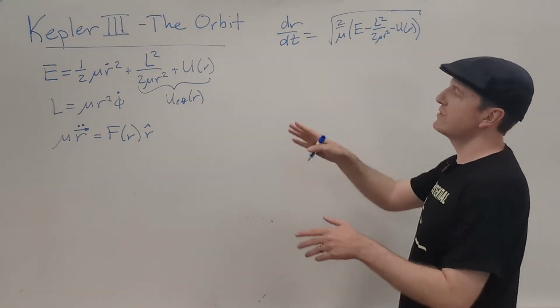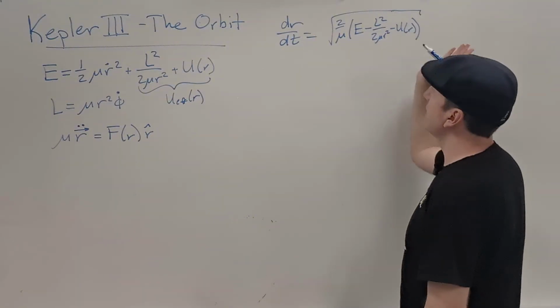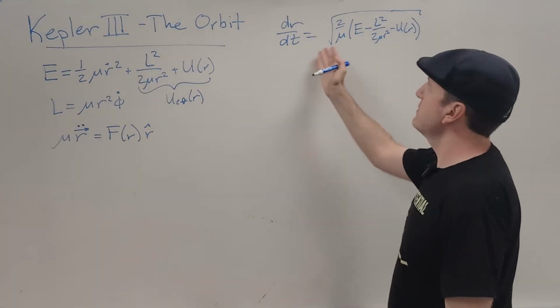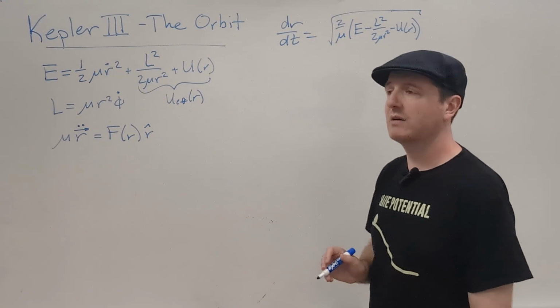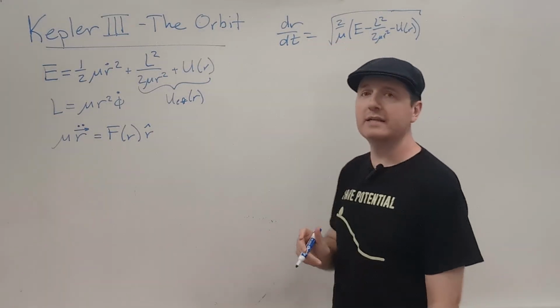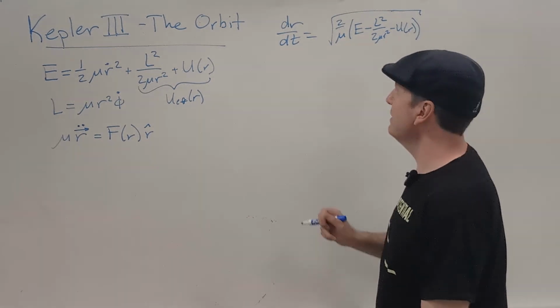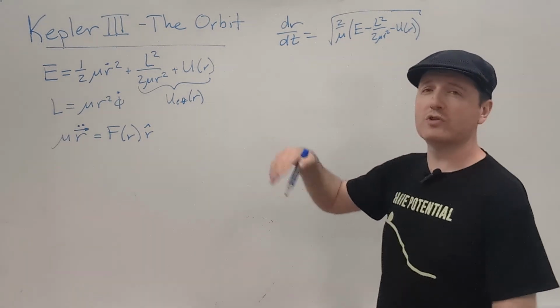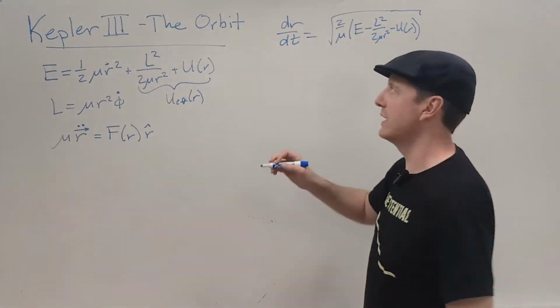This just comes from moving stuff over, multiplying by 2 over mu and taking a big old square root. And there's no reason why we can't just separate variables here and integrate directly. Notice this is completely independent of time, so we can solve for t of R in a way.